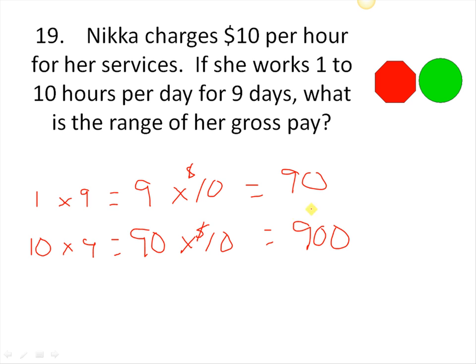So she made somewhere between 90 and 900, because range, remember, is what's the bottom number, what's the lowest number, and what's the highest number. So the range was 90 to 900. Gross pay, that just means the total amount. No deductions. If she had to buy some paint and she didn't charge for the paint, then that paint would come out of this. So the gross pay, how much money did the customer actually pay?